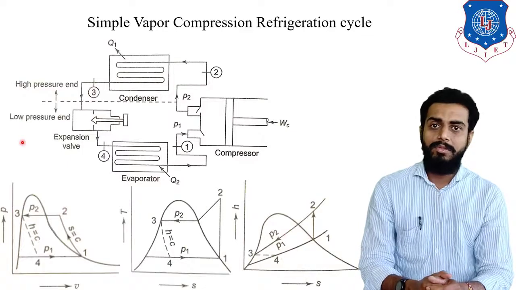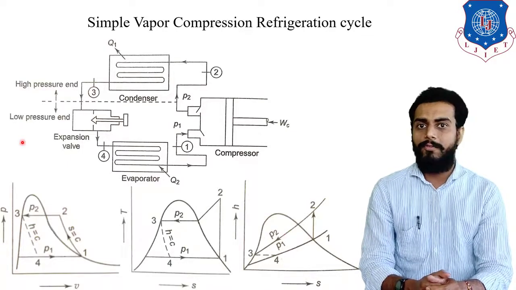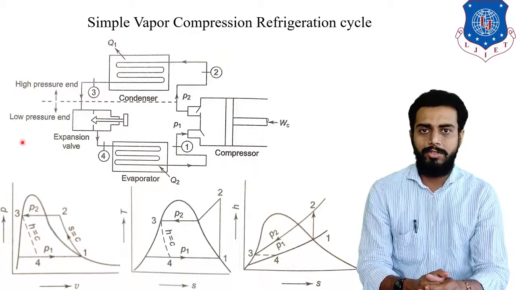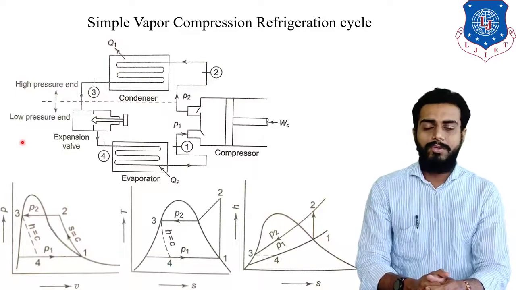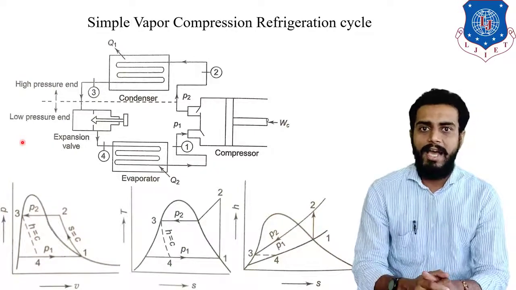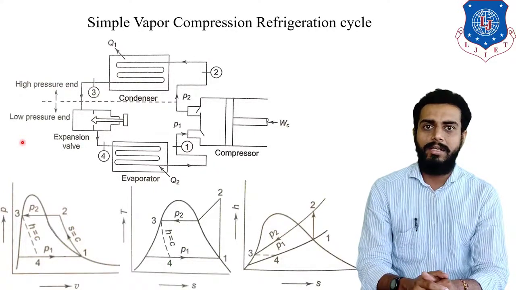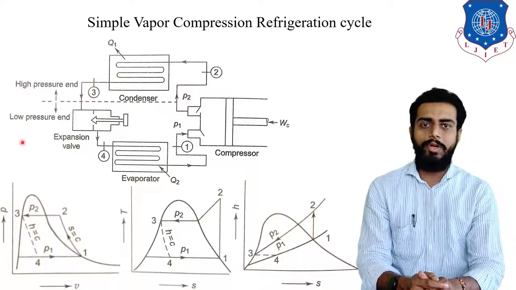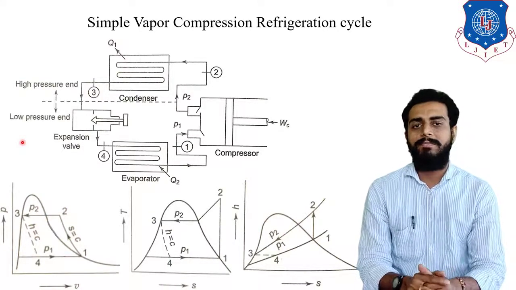Okay, so the operation or function of the device is very simple: to reduce the pressure and also the temperature. Okay, so let us understand that also. So as you can see from 3 point we are entering the saturated liquid into the expansion device. So what will happen in expansion device?